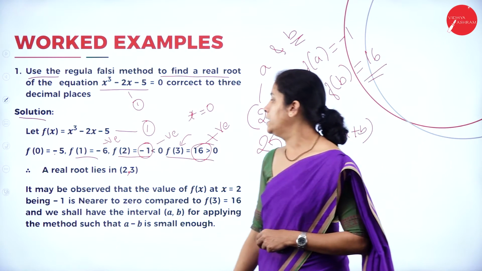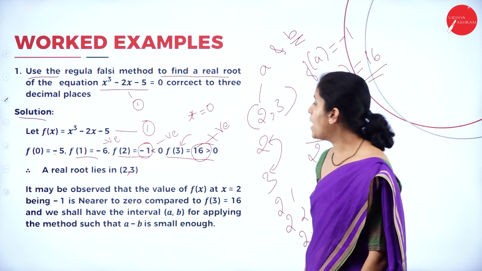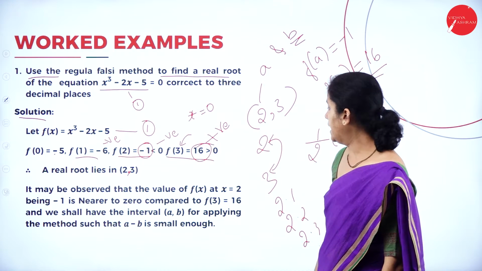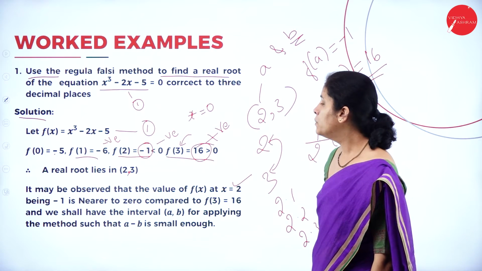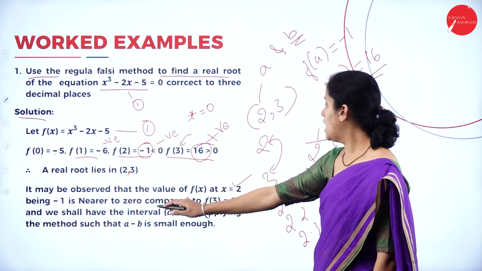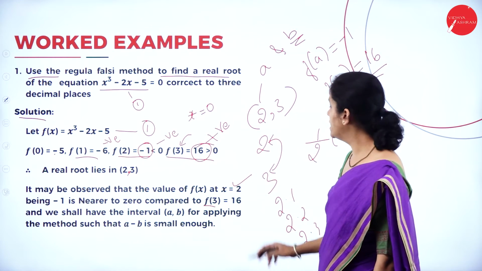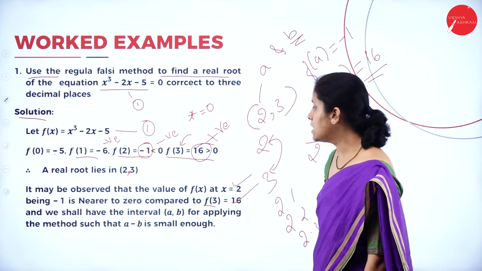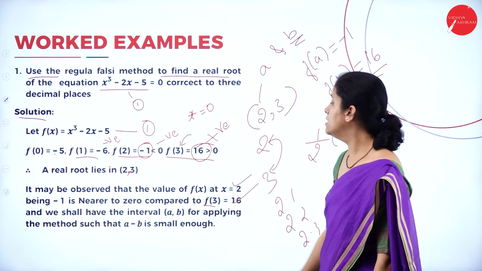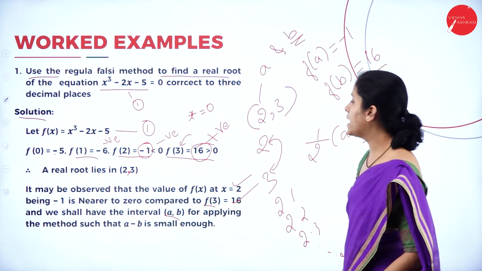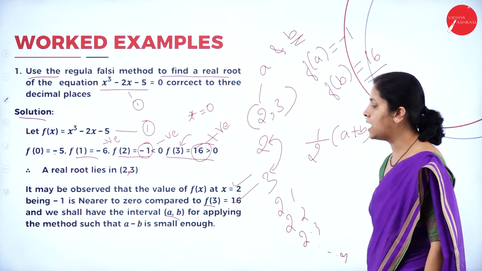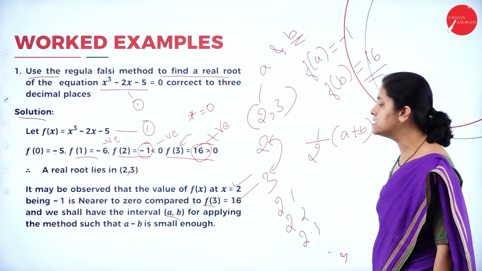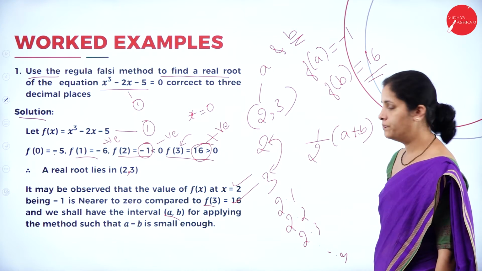So it may be observed that the value of f of x at x equal to 2 is -1, and f of 3 is positive. We shall have the interval a, b for applying the method such that a minus b is small enough.